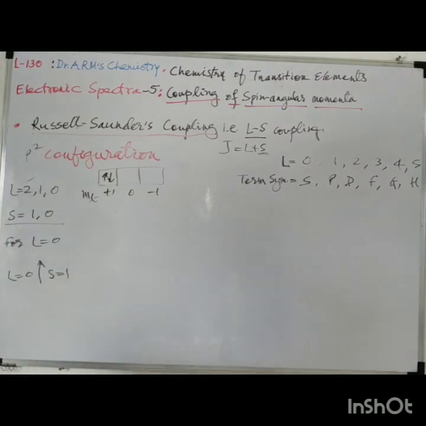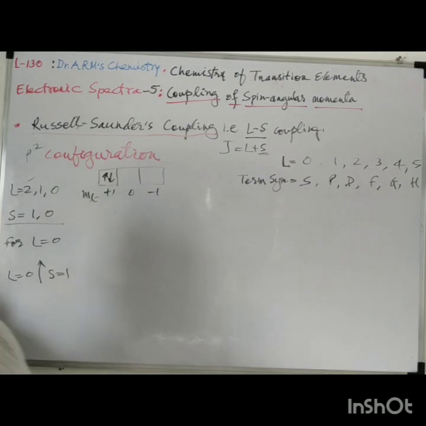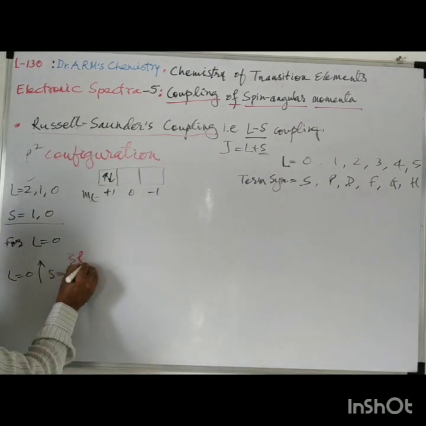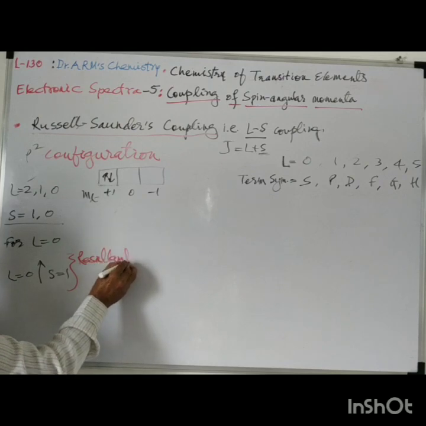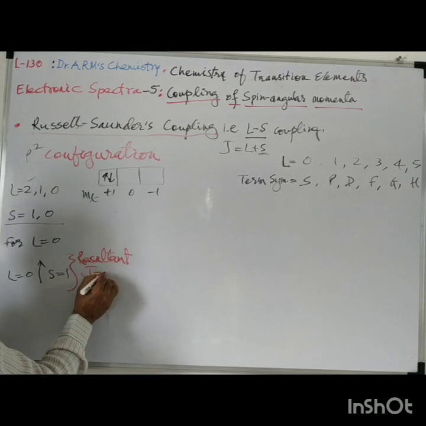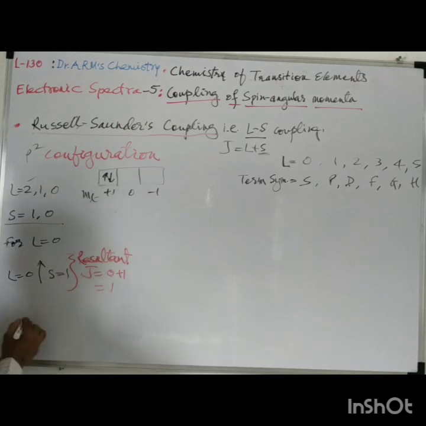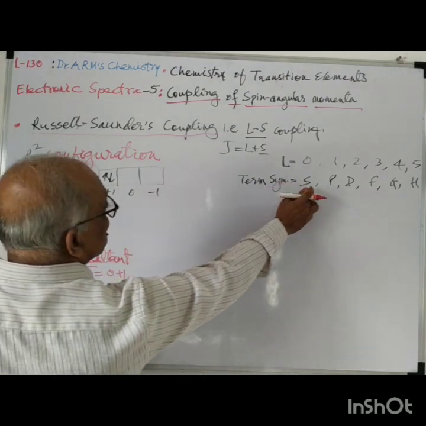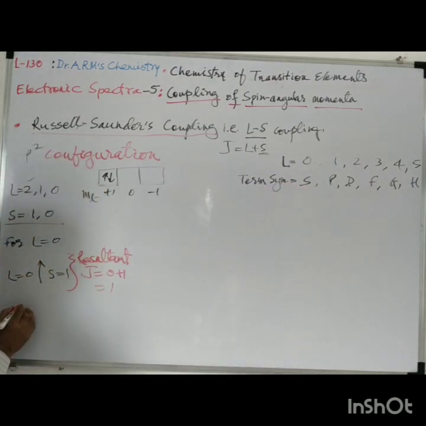And for this, the resultant combination is J is equal to 0 plus 1, that is 1, and the term symbol is S. So here the term symbol is S for this coupling. The spin state is 1, meaning 3, and this J is 1. So we get the term symbol 3S1.